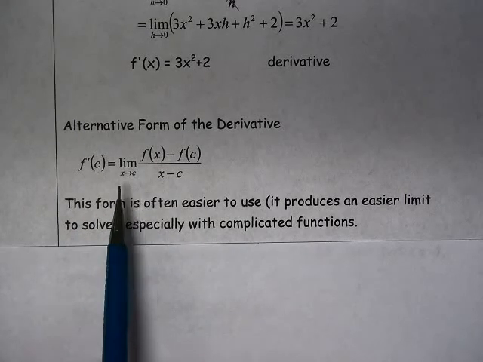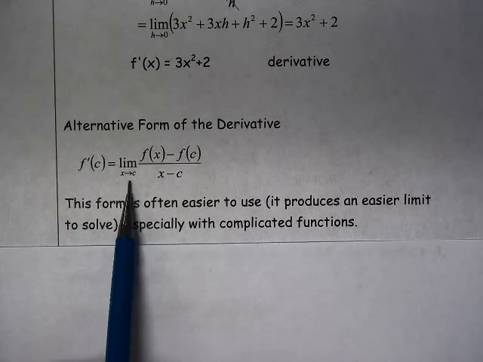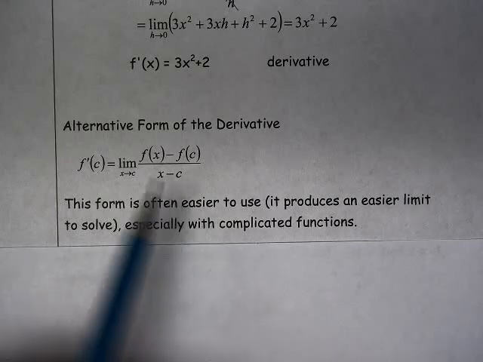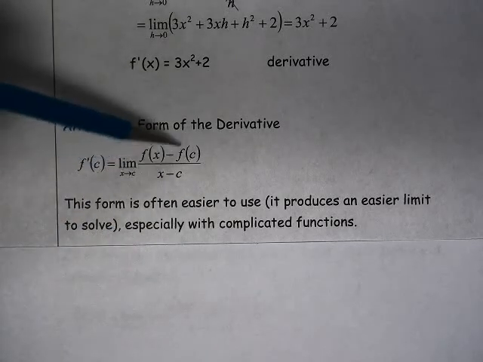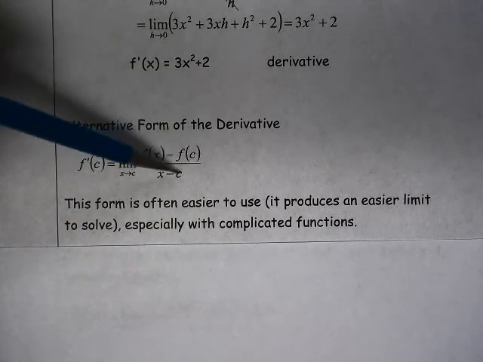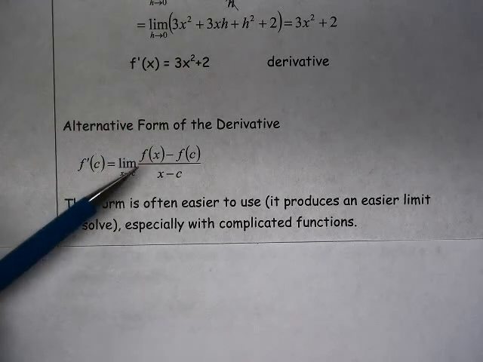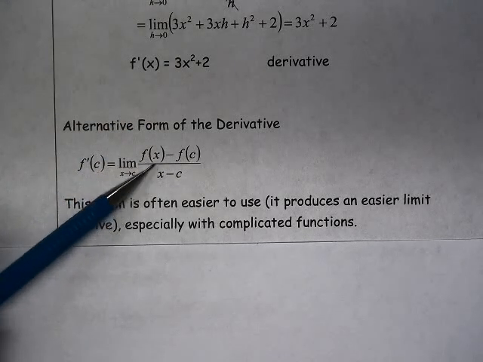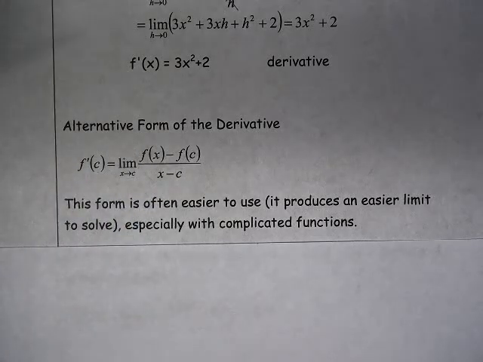Now we're not dealing with h approaching 0, we're dealing with x approaching c. So we still have a difference quotient here, and we're dealing with the stationary point. And then we have another more general point here that we're bringing closer and closer and closer to the original point here, c, f of c.